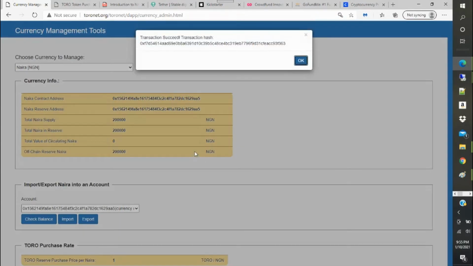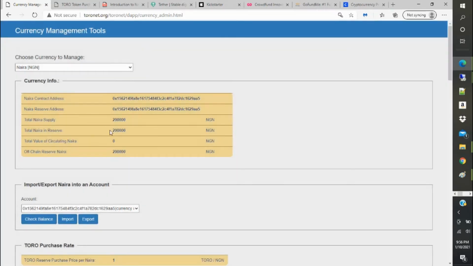Now, there are off-chain operational procedures to verify this, which was explained before. And so, unlike some stable coins, we are going to maintain a very strict, very transparent system where anyone will be able to verify that indeed 200,000 Naira exists on the blockchain now. So this is in the reserve of the blockchain.